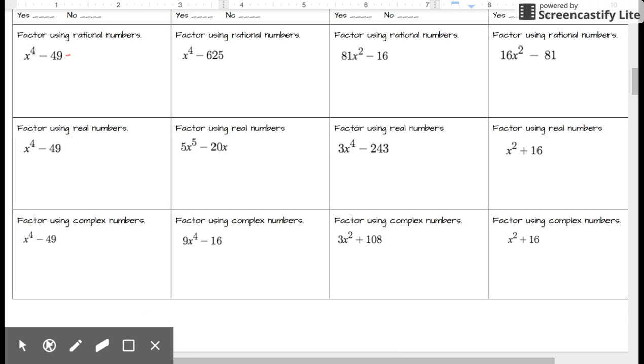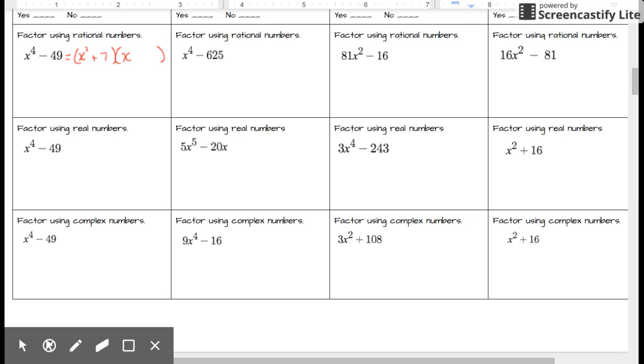So I know that if I factor this, I have one sum and one difference. So the factors look exactly the same except for the sign in between. One is a sum and the other is a difference. So the first factor should be x squared plus square root of 49, which is 7.